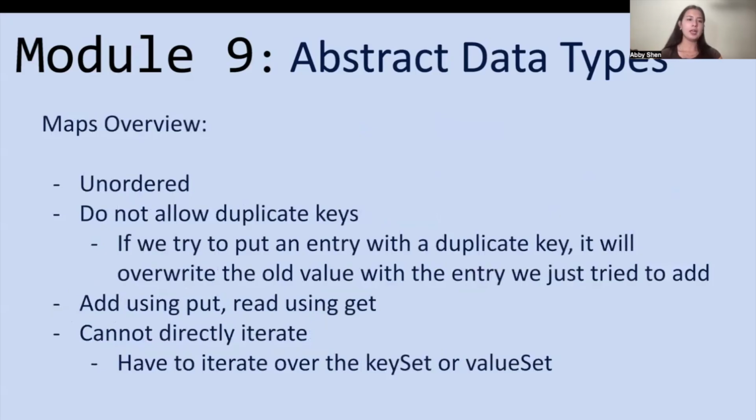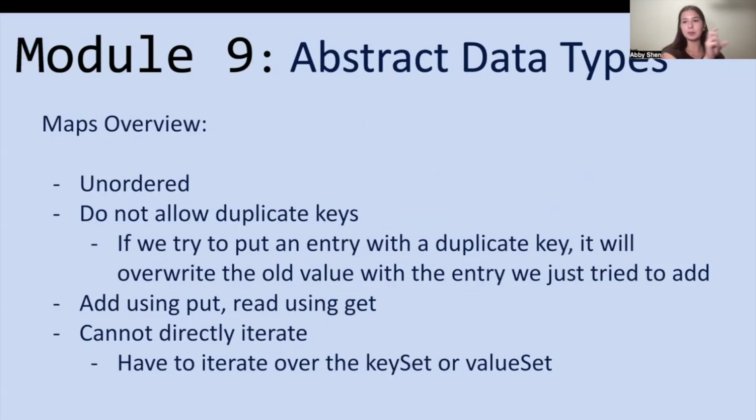To wrap up and give an overview of maps: maps are unordered. They do not allow duplicate keys. If you try to put in a value with a key that has already been used, all it will do is override the old value. So that's something to watch out for. To add something to a map, you use put.